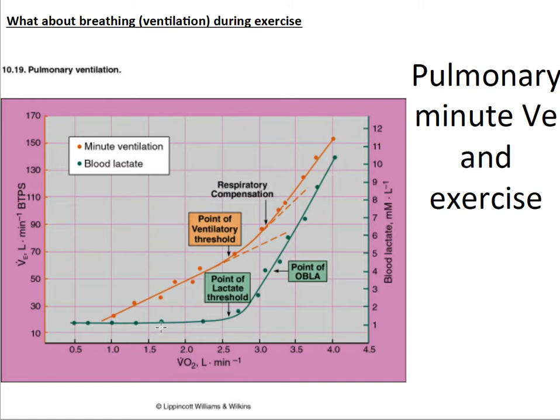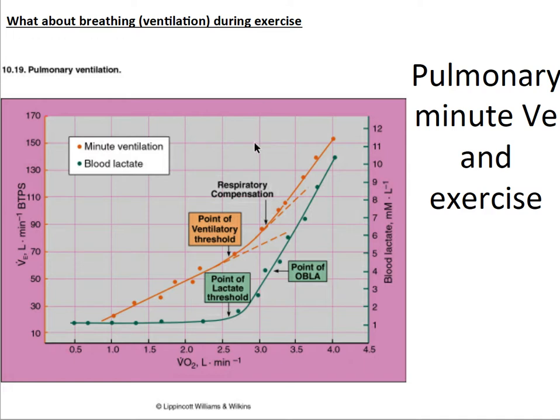And so on this graph is this red line, I guess, that describes ventilation. And at some point, so right here, I guess at 2.5 liters of oxygen per minute, this ventilation sort of exponentially goes up. So it changes the shape of the curve.